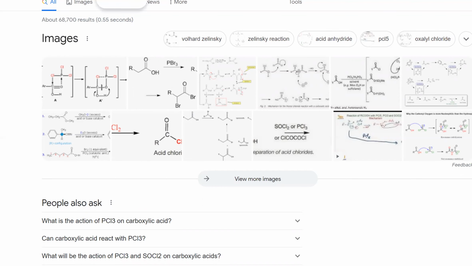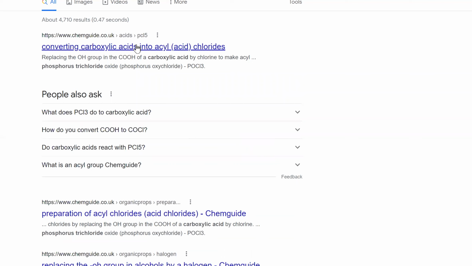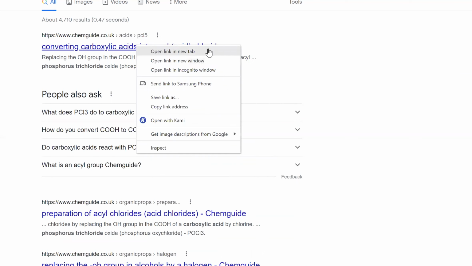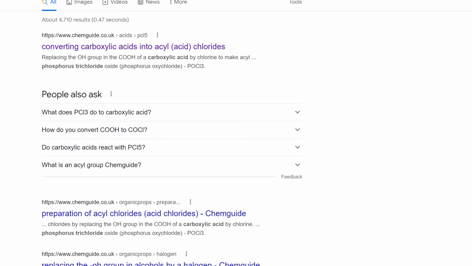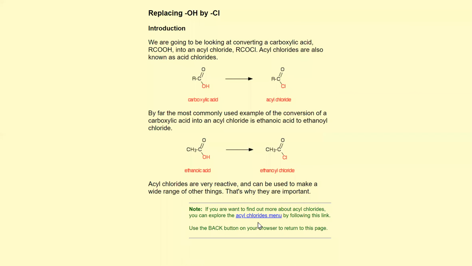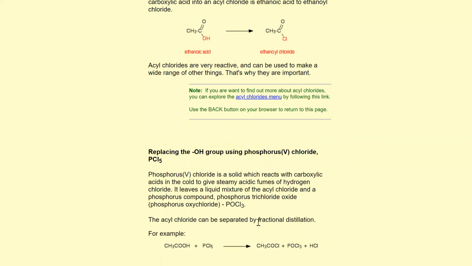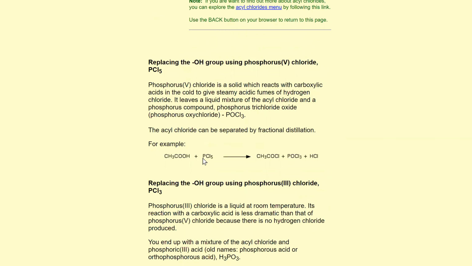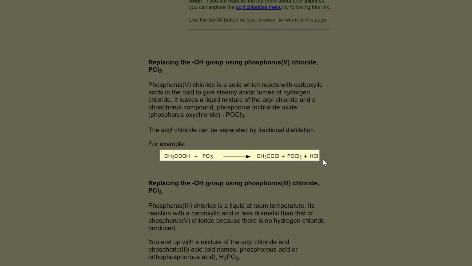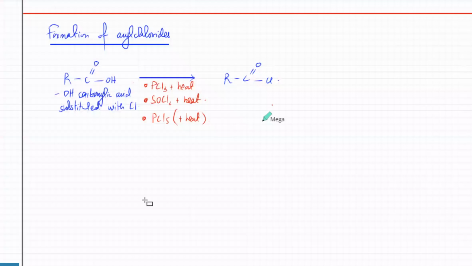It's almost impossible to remember that equation. They've actually asked that once. So it's going to form H3PO3 and HCl or something like that. This is one reaction where the carboxylic acid turns into an acyl chloride, so it forms HCl and POCl3.